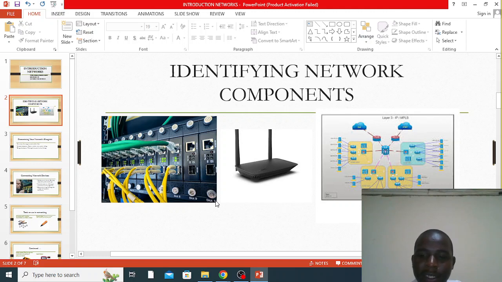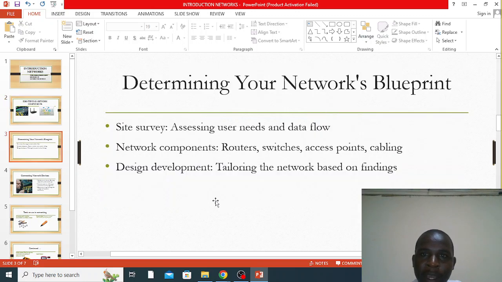And before we can start setting up the network, there are some of the blueprints that we need to identify. One of the things that we need to do before setting up a network is conducting what we call the site survey. So under site survey, we are assessing the user needs and also the data flow.